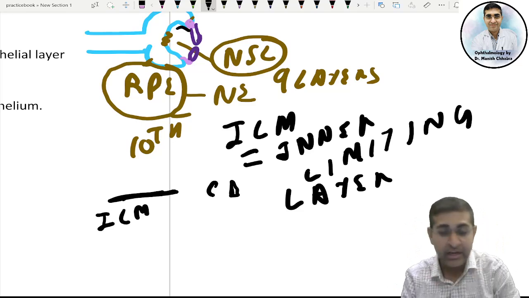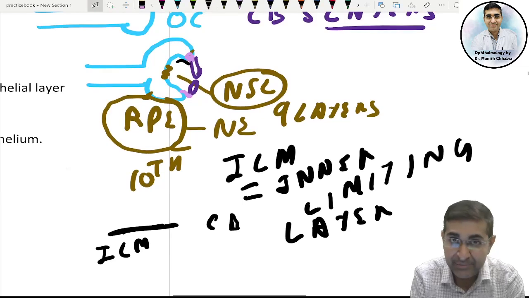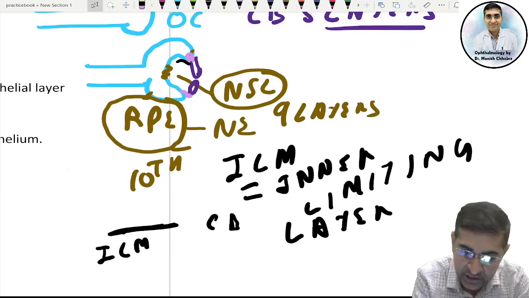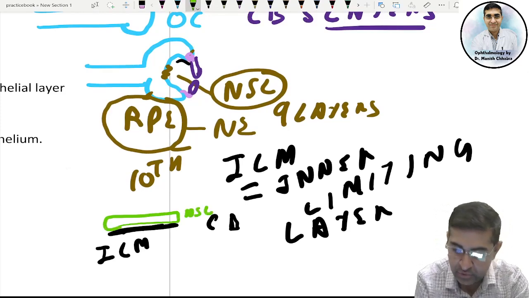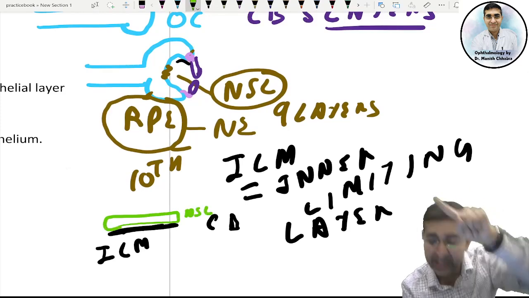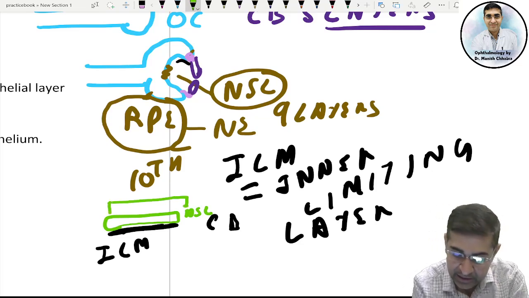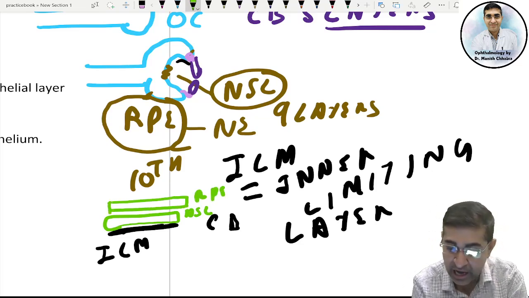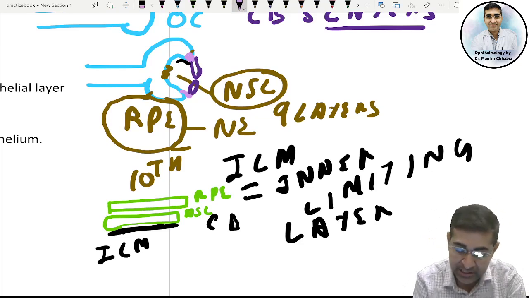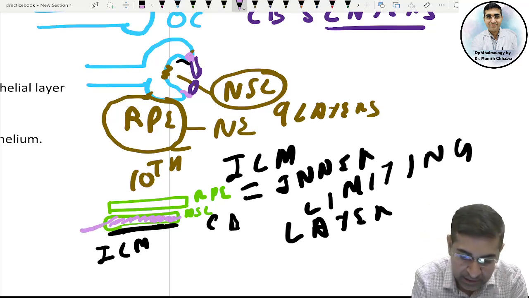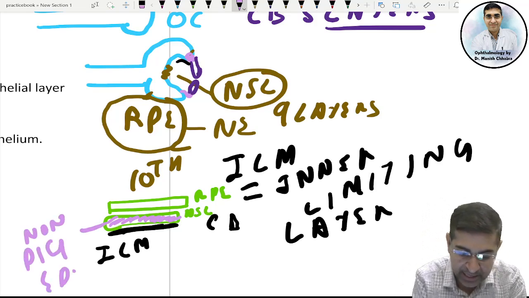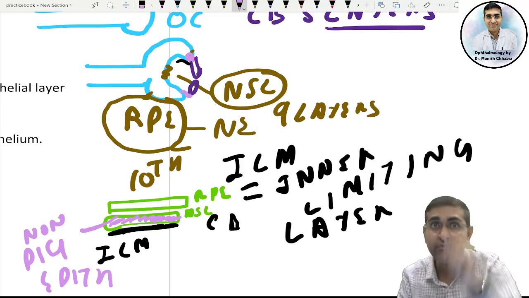Now you know what are the remaining layers of the optic cup which are left. So now the 8 layers, which were the neurosensory layer in the retina, and the outermost layer, which was RPE in the retina. The 8 layers are epithelium only, so they are going to form the non-pigmented epithelium layer of the ciliary body.